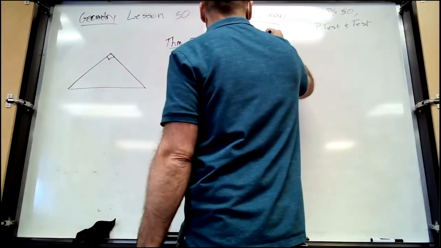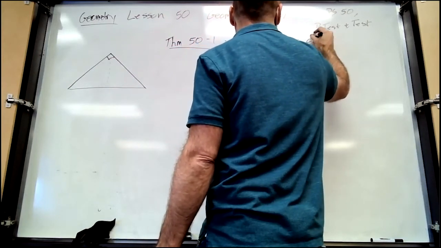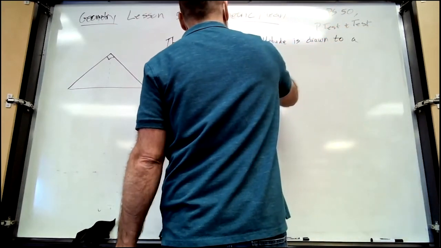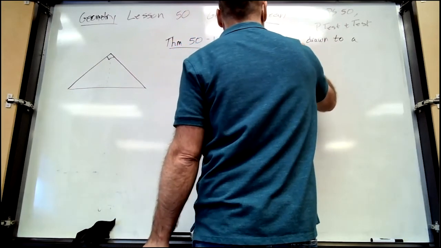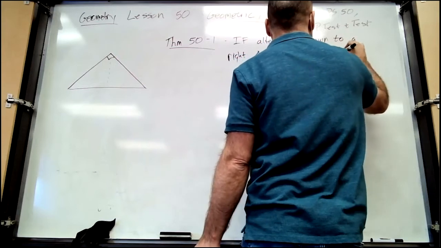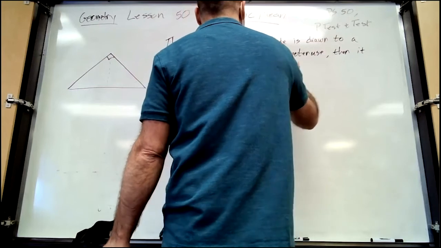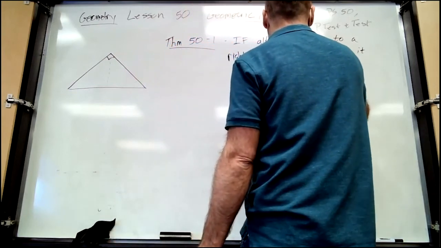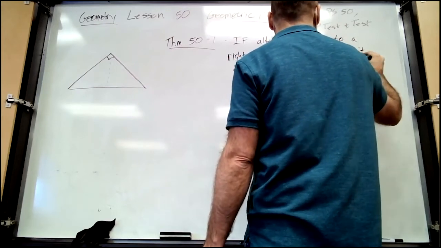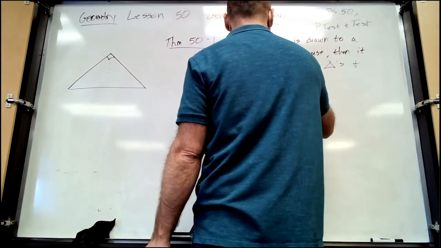If an altitude is drawn to a right triangle's hypotenuse, then it forms two similar triangles, and similar to the original triangle.